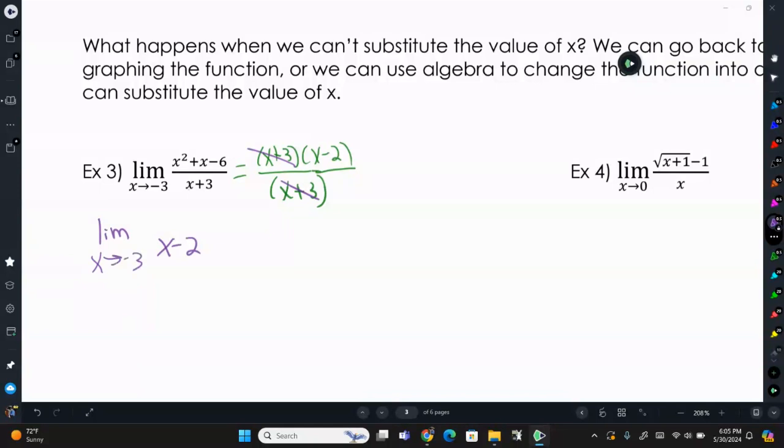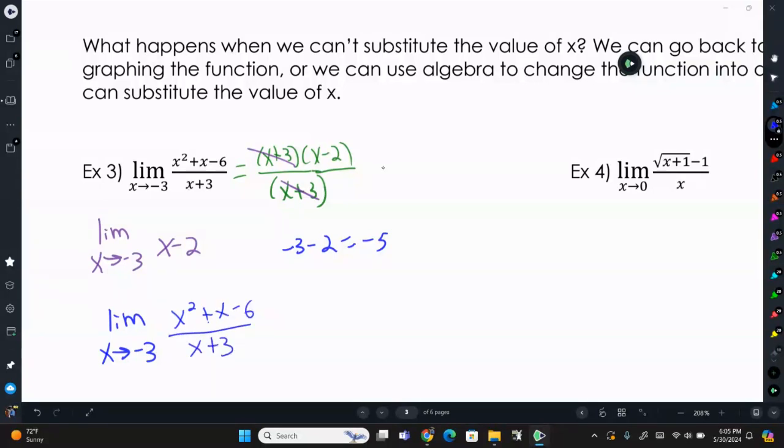We can now substitute in -3. We do -3 minus 2 is -5. So the limit as x approaches -3 of our function here, x squared plus x minus 6 over x plus 3, is equal to -5.